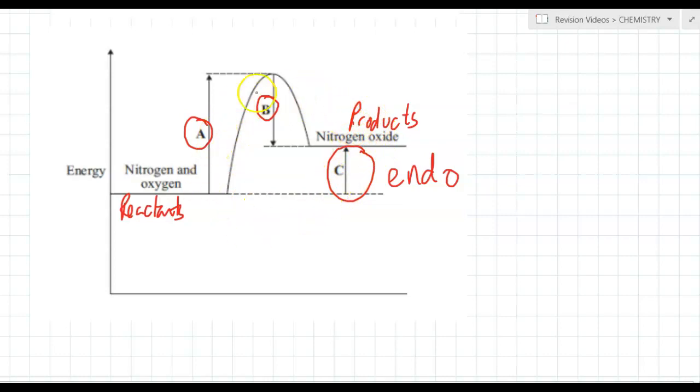Photosynthesis is an endothermic reaction. The energy from the sunlight that goes in is taken on board, and some of it is trapped in the glucose molecules that the plant's made.